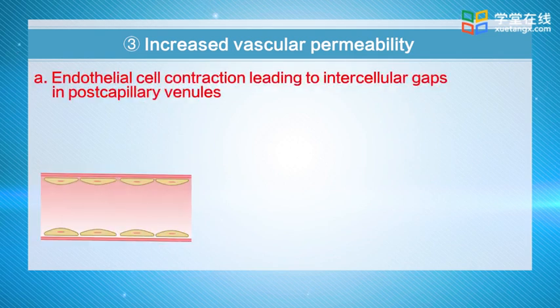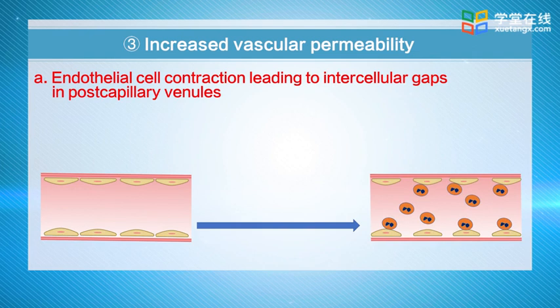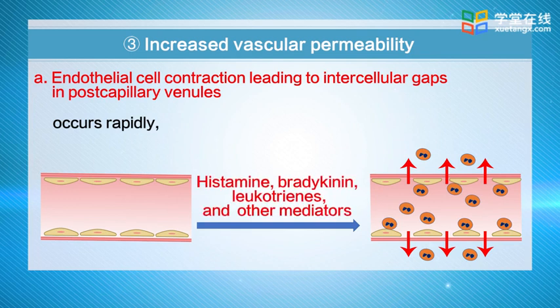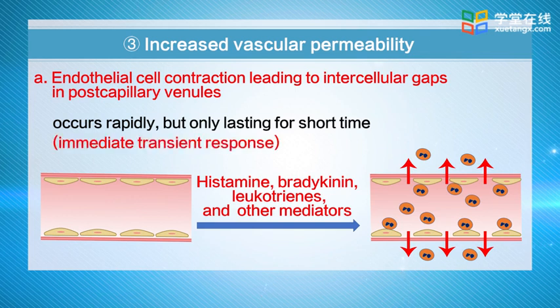Endothelial cell contraction resulting in intercellular gaps in post-capillary venules is the most common mechanism. It occurs rapidly after exposure to histamine, bradykinin, leukotrienes, and many other inflammatory mediators. This process only lasts for a short time. Hence, it is referred to as the immediate transient response.